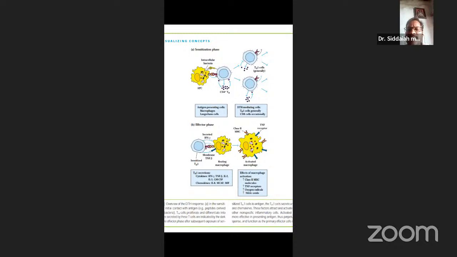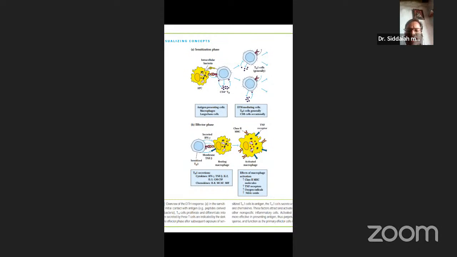The activated TH cell goes and attracts the macrophages by the cytokines interferon gamma, tumor necrosis factor beta, interleukin 2 and interleukin 3.